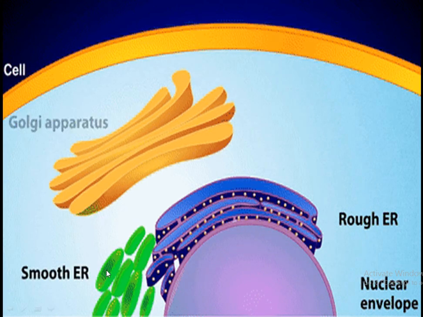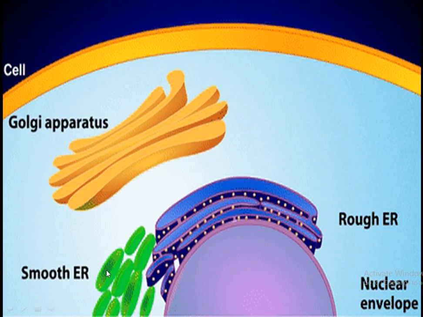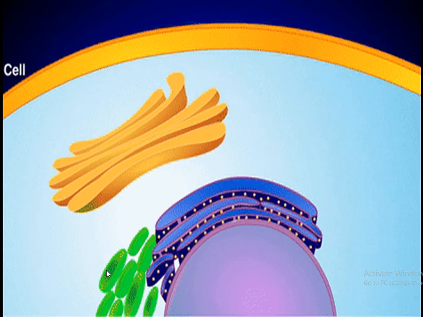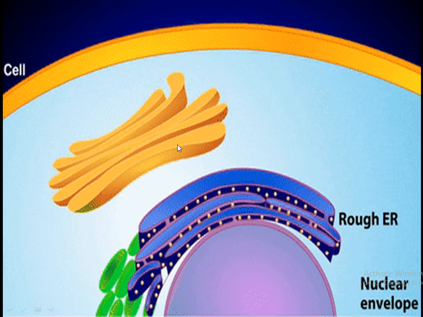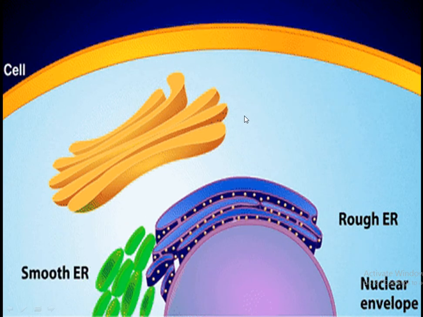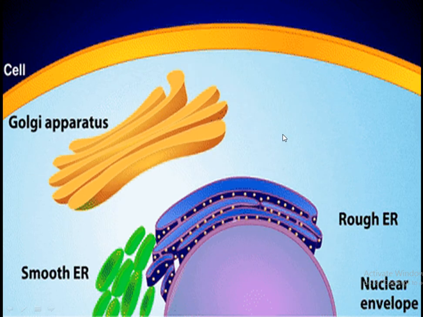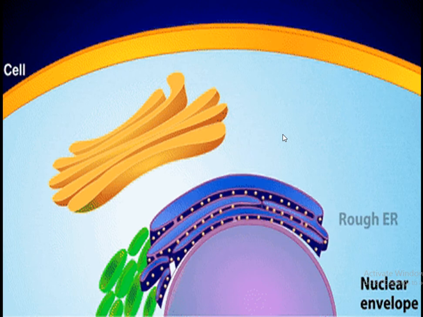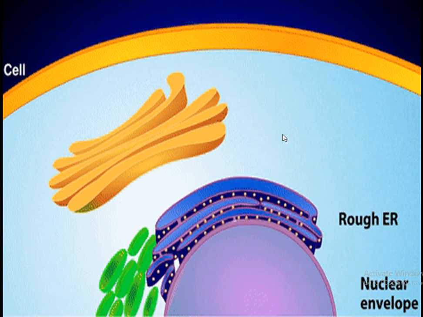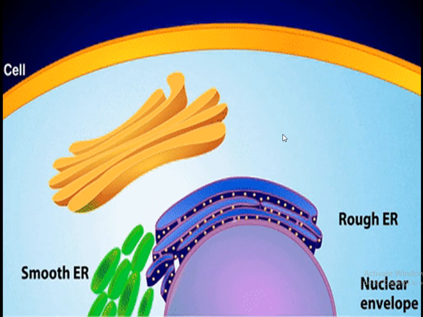Close to that we have the smooth endoplasmic reticulum, and then another important structure, that is the Golgi apparatus, and different types of vacuoles are also present. With that, we have mitochondria and other structures also.